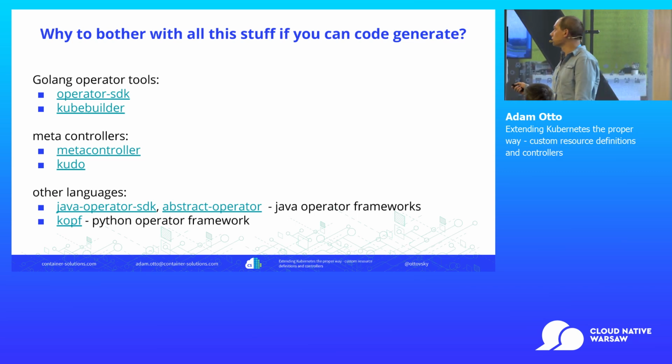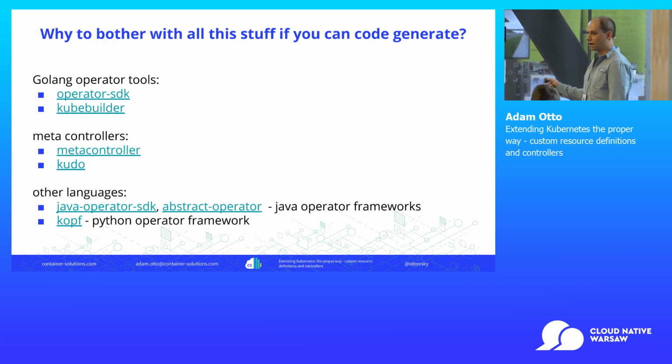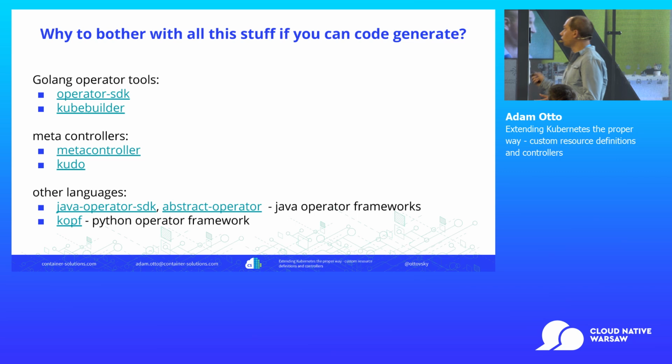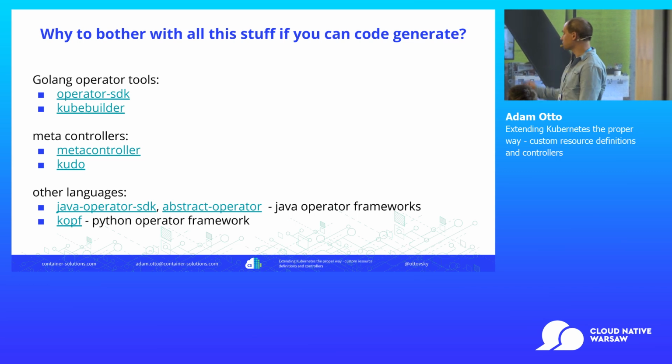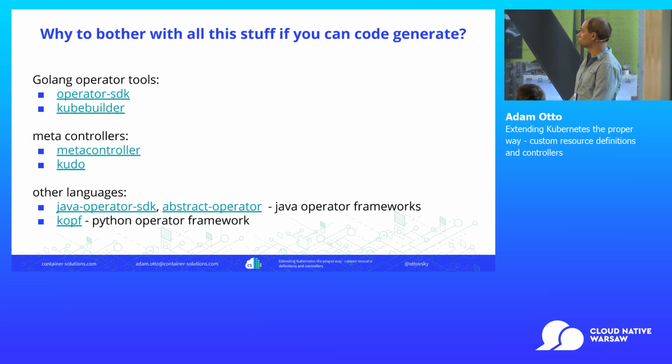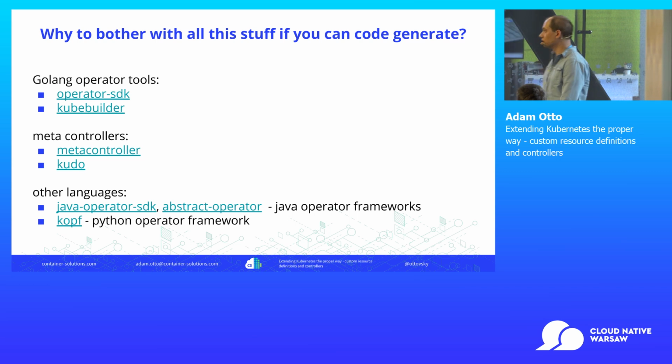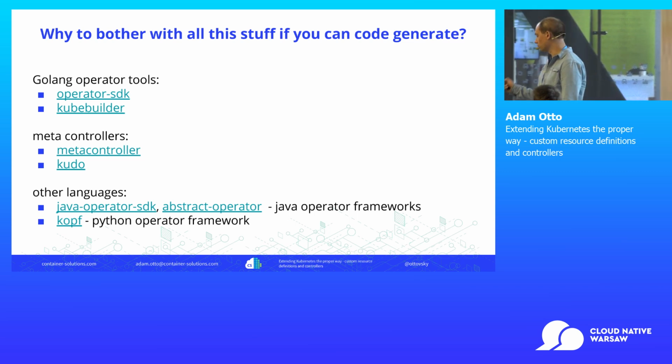The thing to keep in mind is that operators for other languages are kind of limited, because the Golang operators reuse the Kubernetes libraries from the mainstream, so they're always up to date. With the others, it really depends on the developers leading the project, whether they reflect the most recent changes to Kubernetes. So this is why I always suggest building operators in Golang.